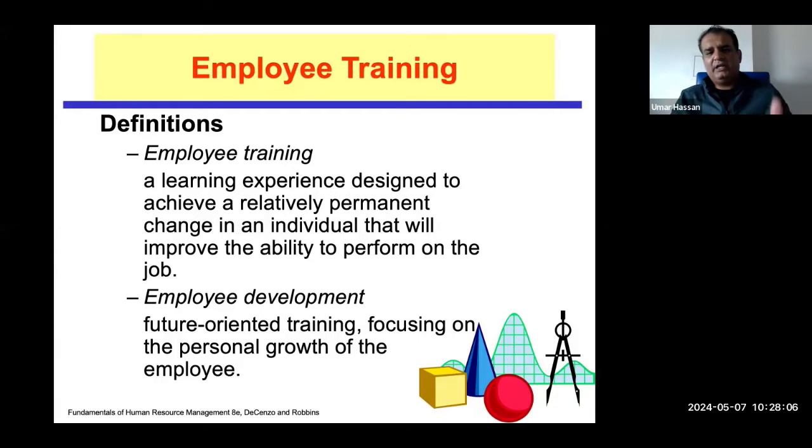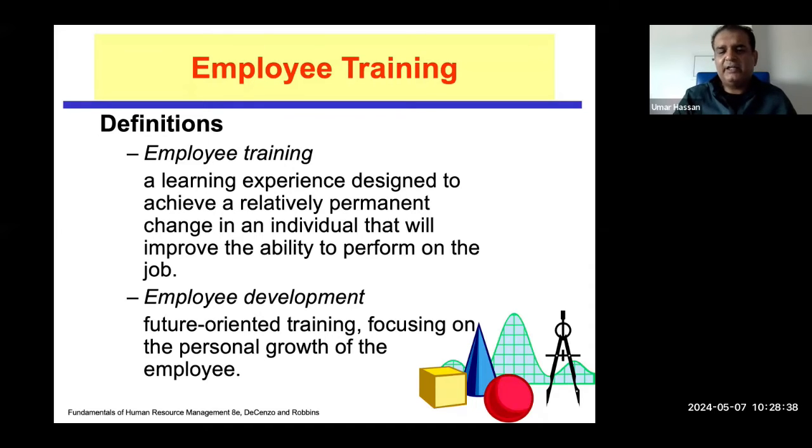So when he or she is moving through the different organizational levels, the company would want to make sure that they are equipped with the leadership skill as well, and so on and so forth with all the other skills, either soft skills or hard skills, which are required for the employees to be more productive.